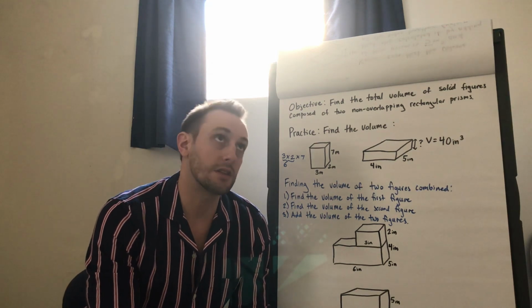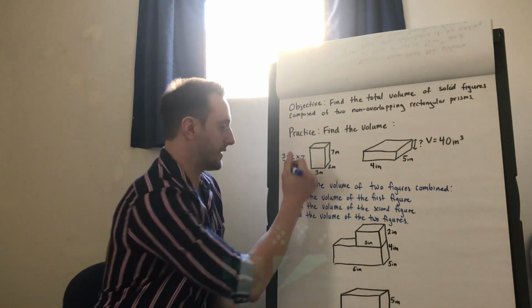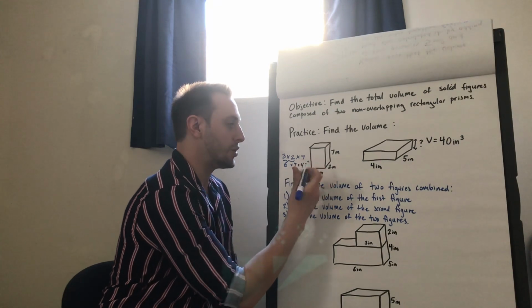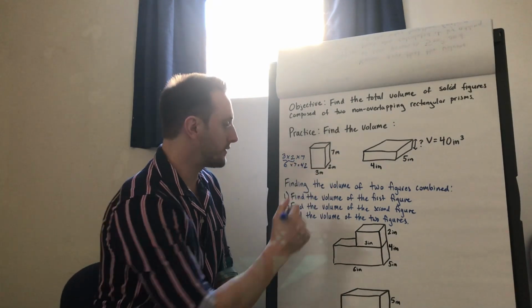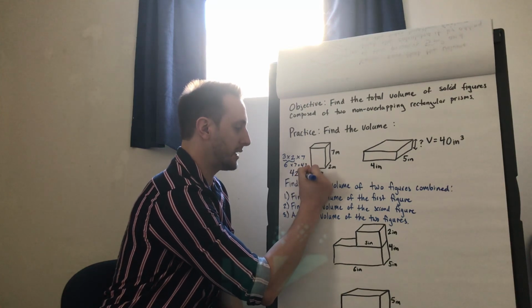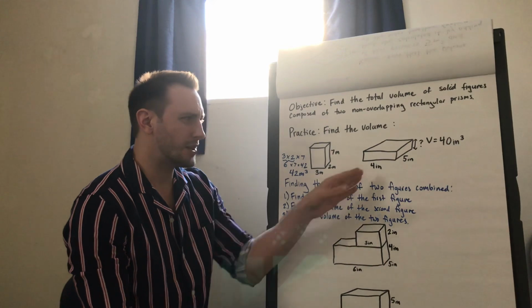So let's do this. 6 times 7 is 42. So we have 6 times 7 equals 42. So then we should have a total volume of 42 meters cubed.